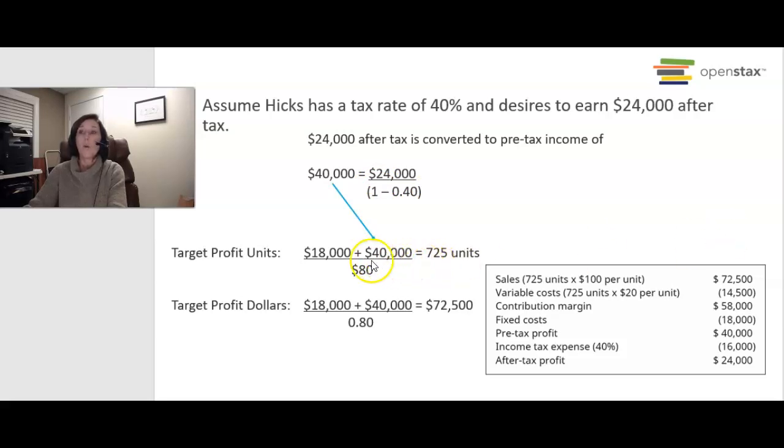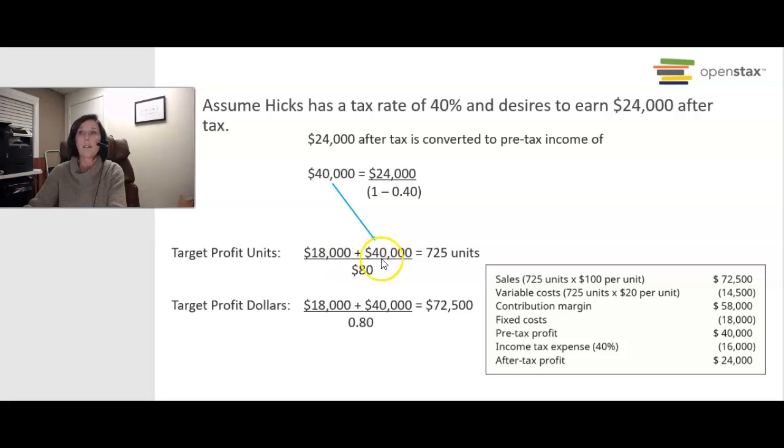Okay, so now what do we have to sell in units to be able to, in pre-tax money, achieve $40,000 such that after it's taxed, we still have the $24,000 left? And here's the calculation.